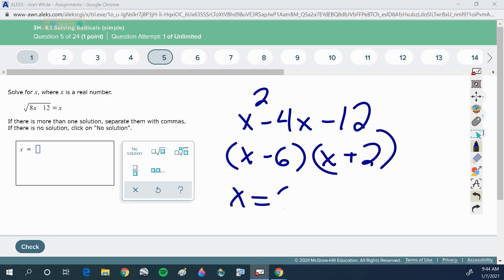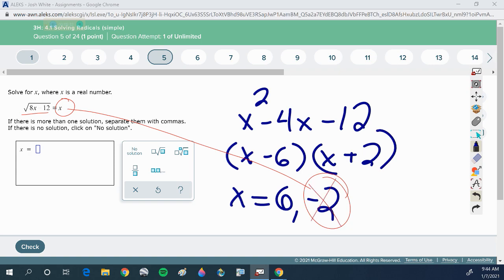So x would be 6 and negative 2. Do those numbers work? No. One of them does. The 6 works. But if I try to put this number in here, can a square root equal negative 2? No. So I just throw that one away. And my only answer is 6.